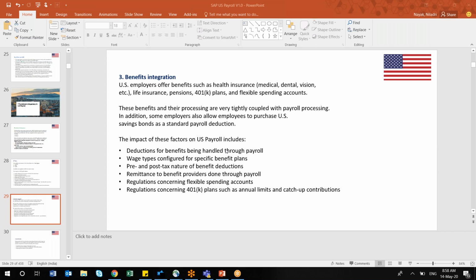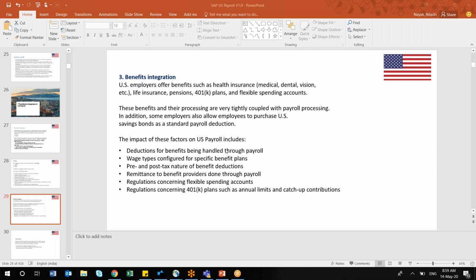There are different model wage types given by SAP. Whenever you are configuring benefits, which are the model wage types you have to copy for benefit modules? And also regarding your 401k plans, if there is any annual limit change or catch-up contribution change, how to regulate and control those things in the system.